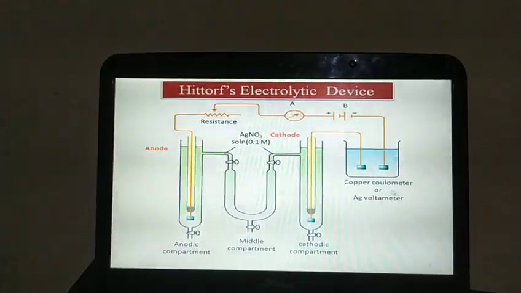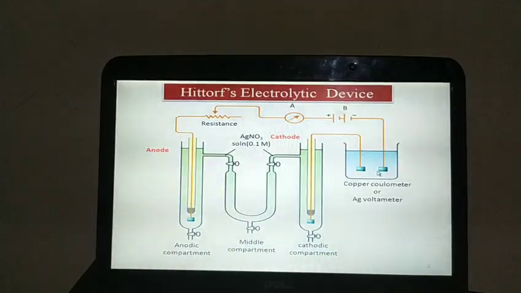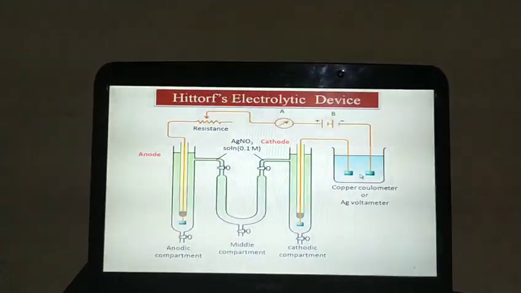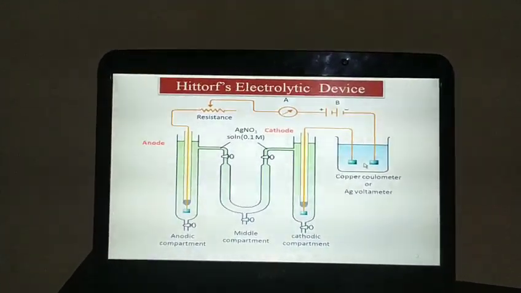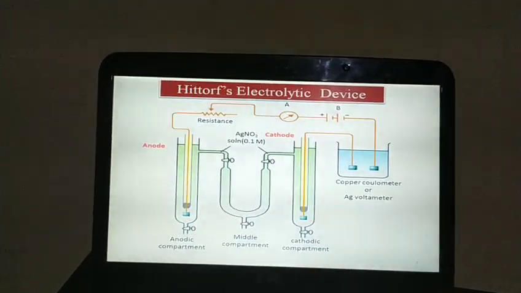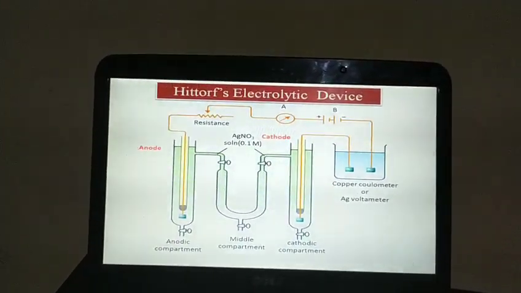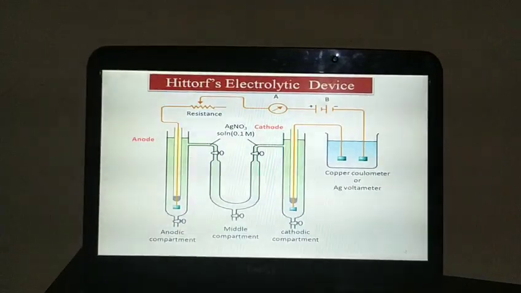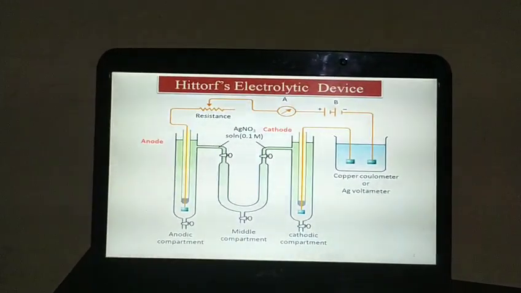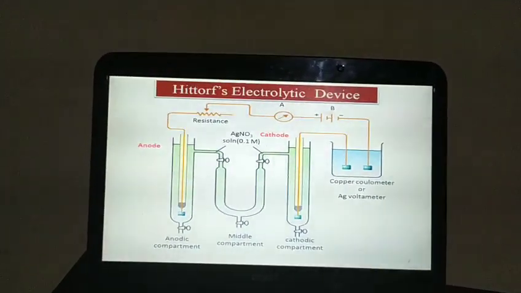Then what is the function of this copper coulometer or silver voltameter? This device was invented by the scientist Michael Faraday, and it can determine the amount of substance deposited by measuring the charge or quantity of electricity.